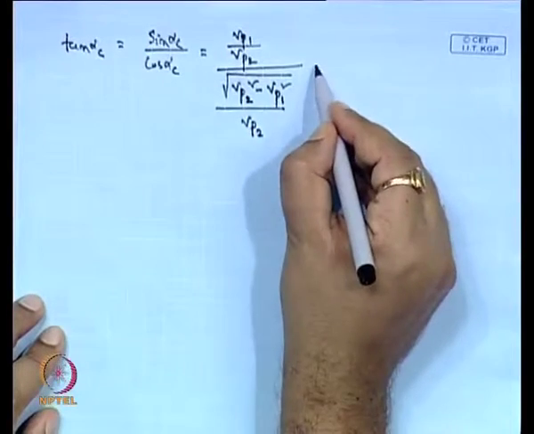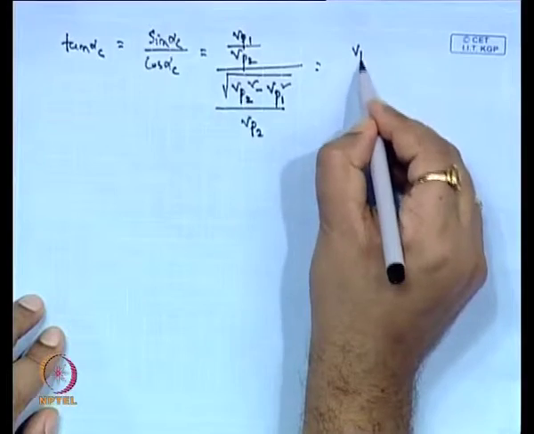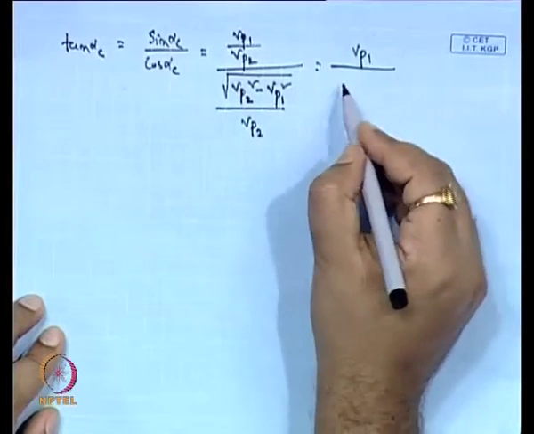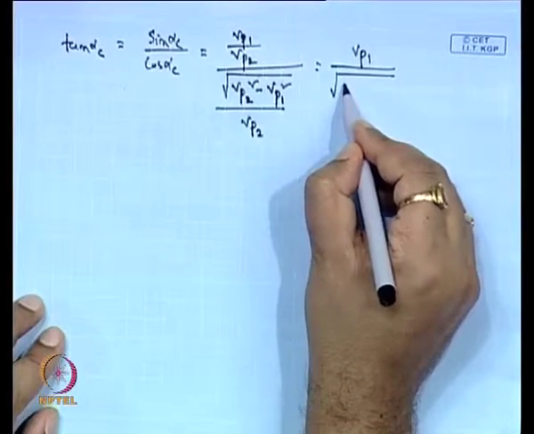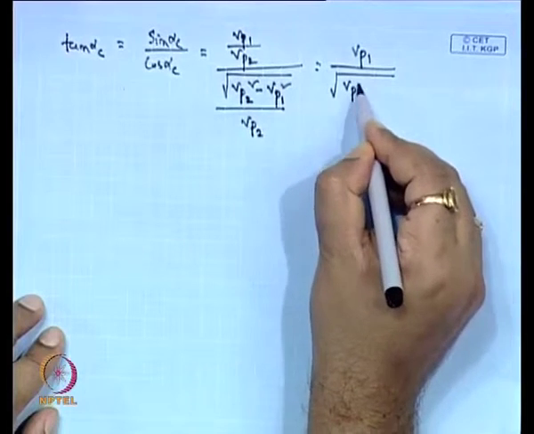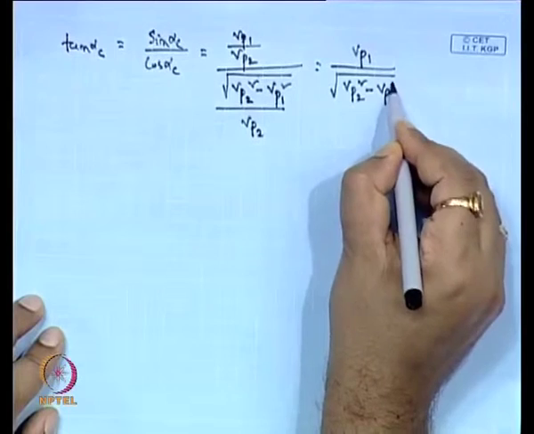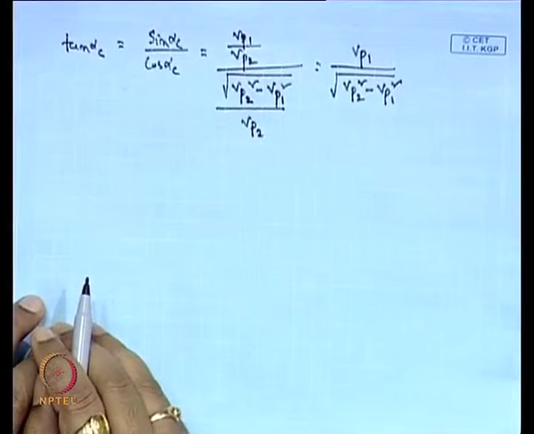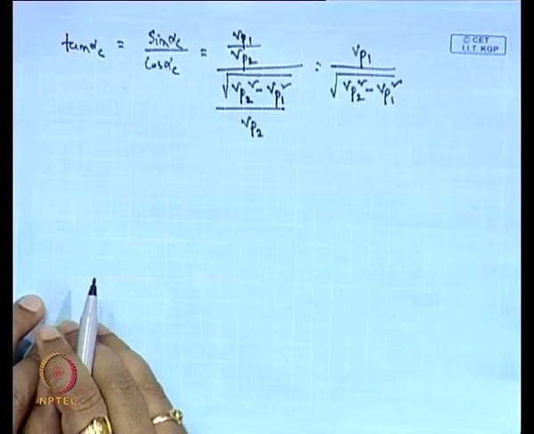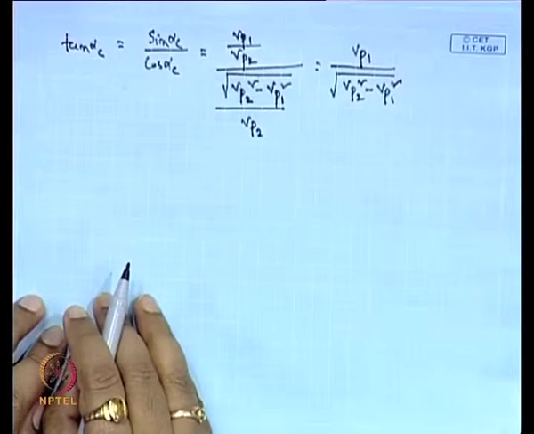So, finally, the expression of tan will be V p 1 over root over V p 2 square minus V p 1 square.